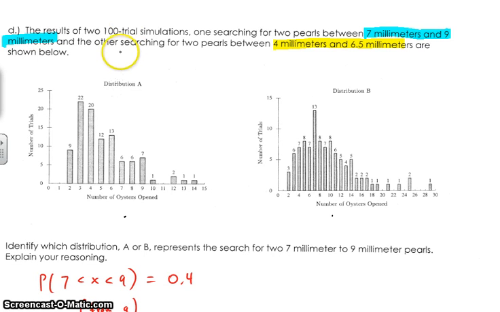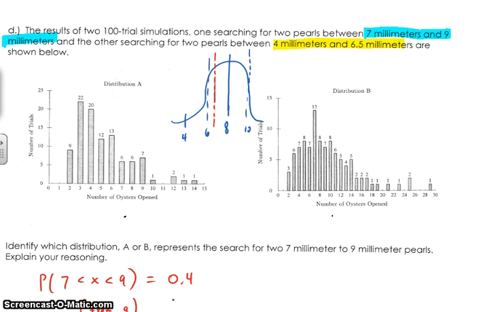Okay, so let's look at an individual pearl. All right, we know that an individual pearl has a mean of 8 and a standard deviation of 2. Okay, so this is like 10. This is like 6. Okay, so where is 4 and 6.5? 4 is here, and 6.5 is roughly around here.